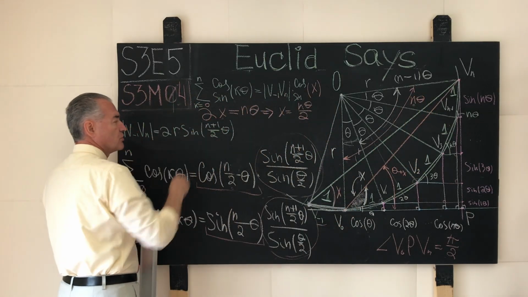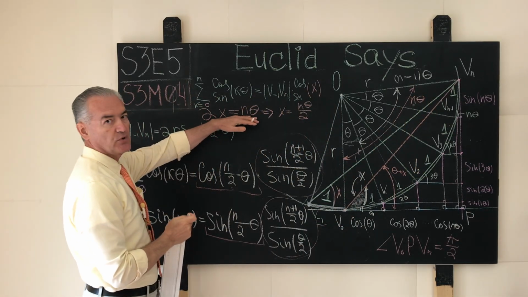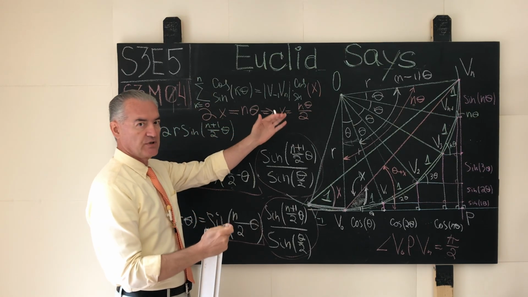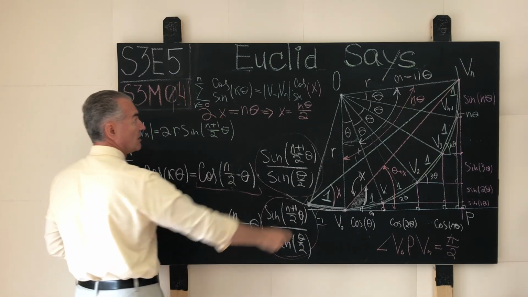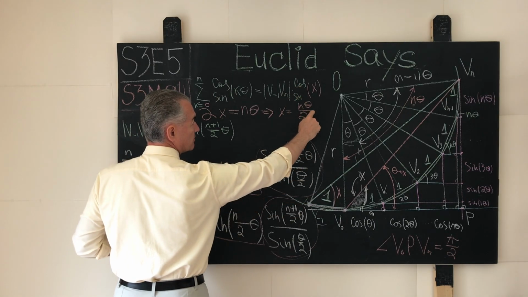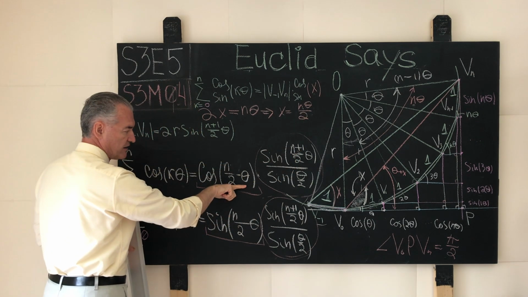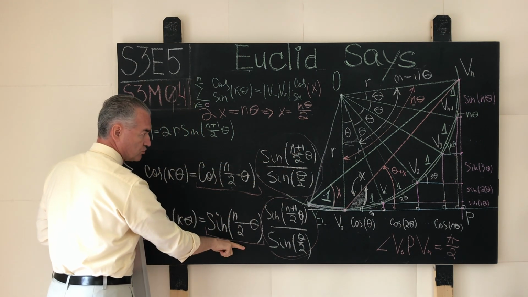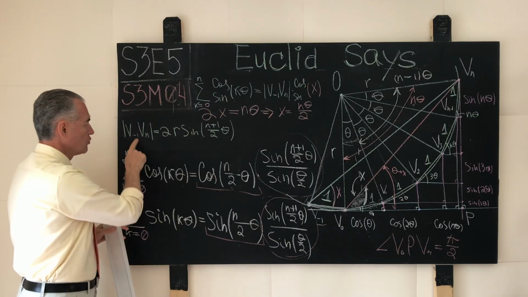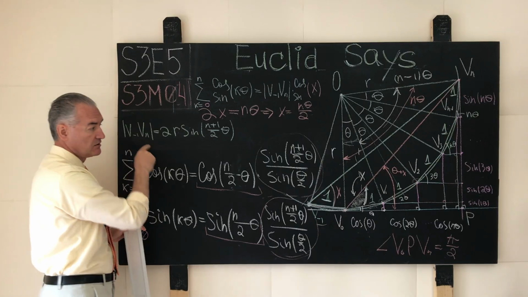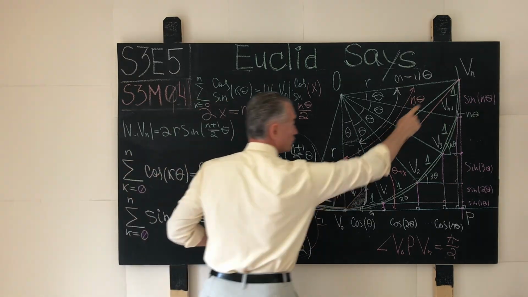This is what I wrote for you guys over here. 2x equals n theta, from where it follows that x is equal to n theta over 2. Game over. So cosine and sine percolate into our formula as n theta over 2, n theta over 2, n theta over 2. And what is going on with the length of the line segment V minus 1 Vn, for this line segment from here to here?